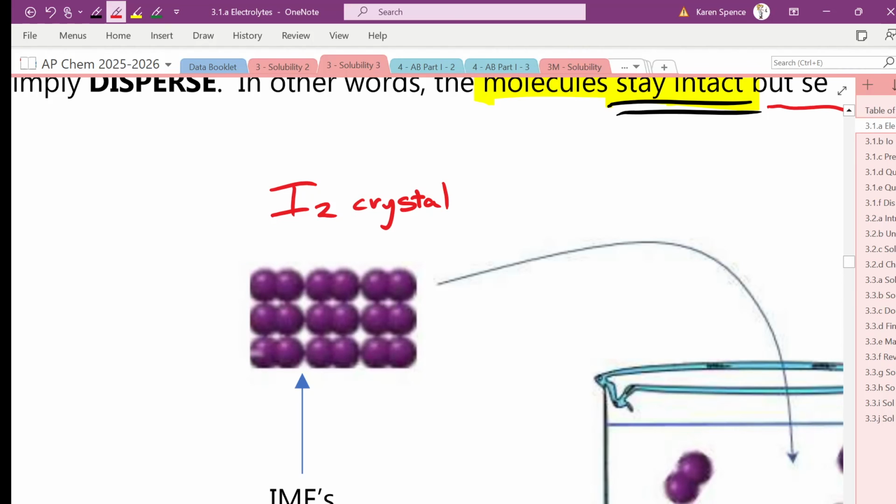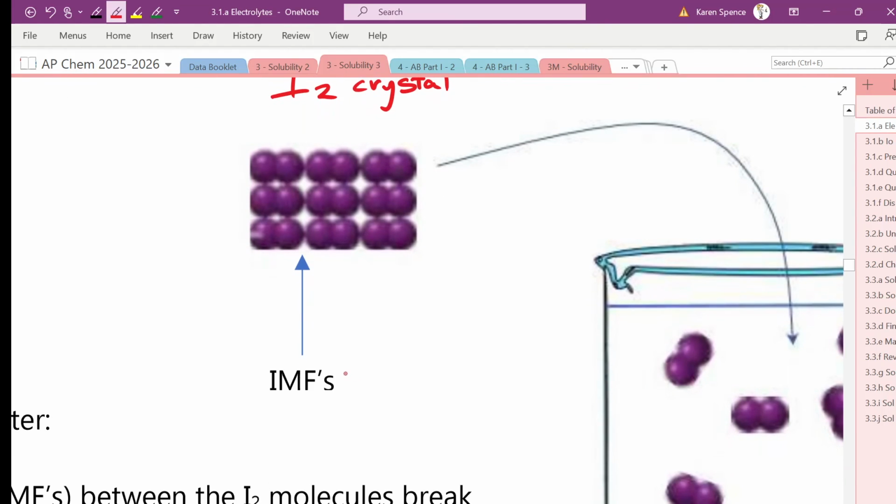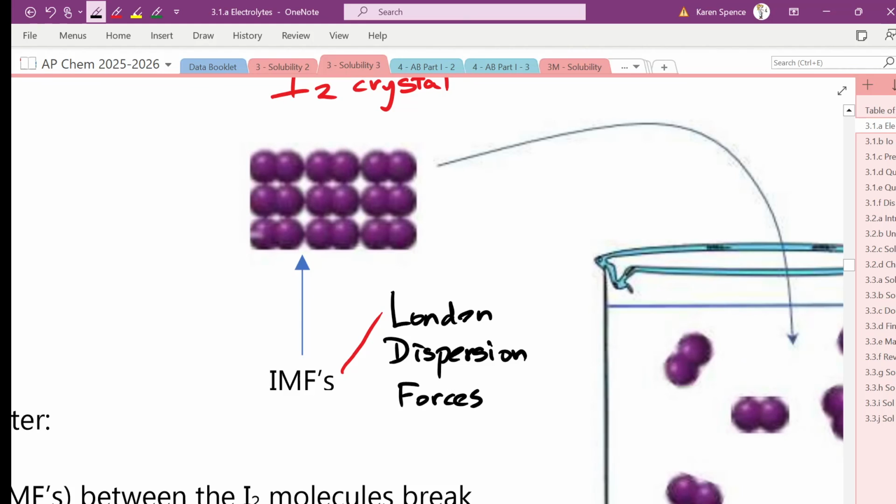Those are our LDFs, okay? And what does LDF stand for? London dispersion forces. And you are going to try to explain to your neighbor how London dispersion forces work.